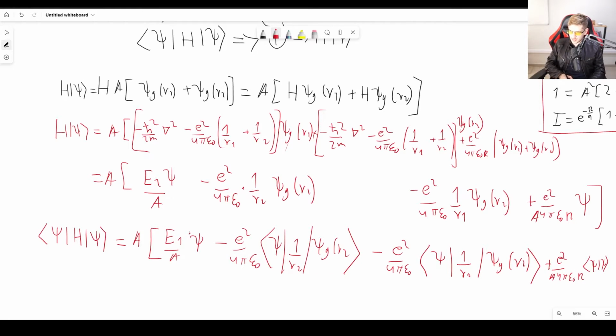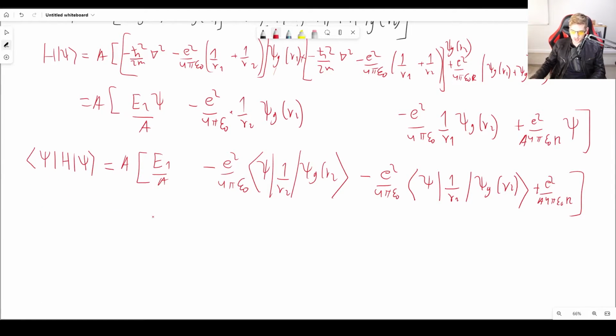And here there we go. So this is also psi, which of course is simply going to be 1, so we don't really need to write it out. It is normalized by definition.